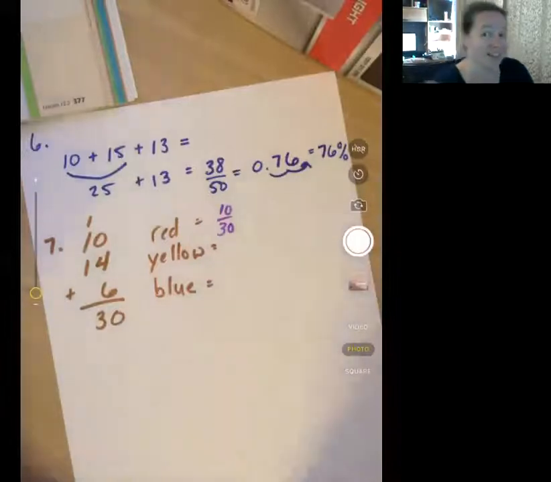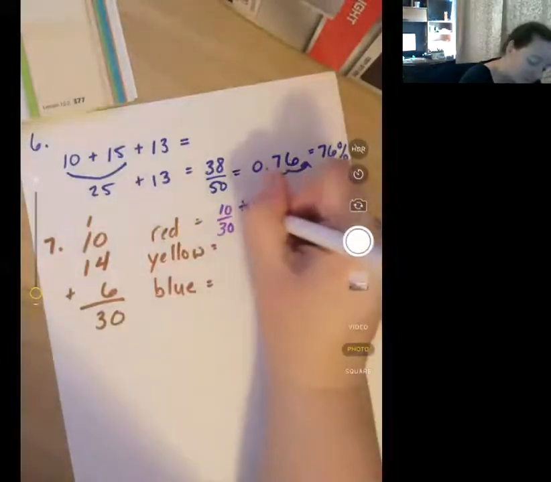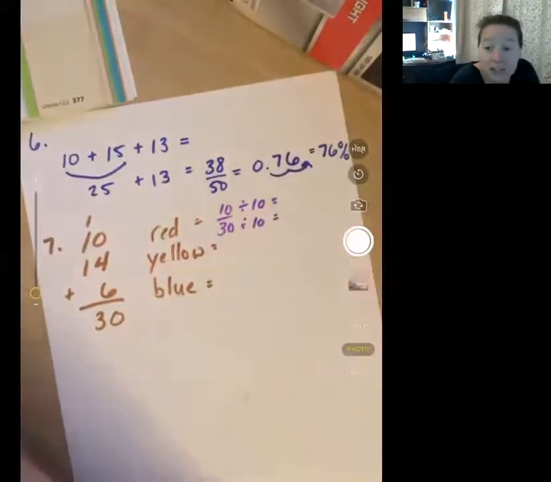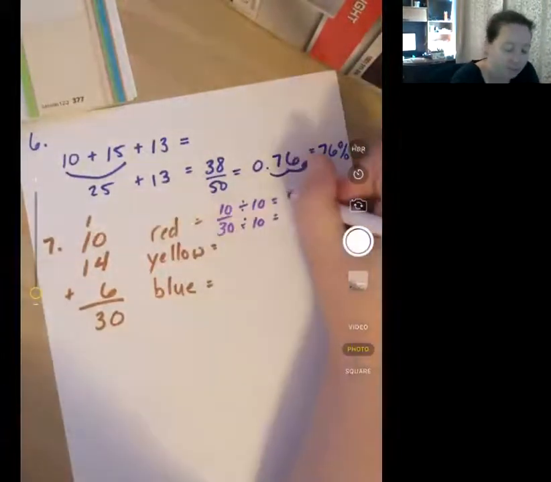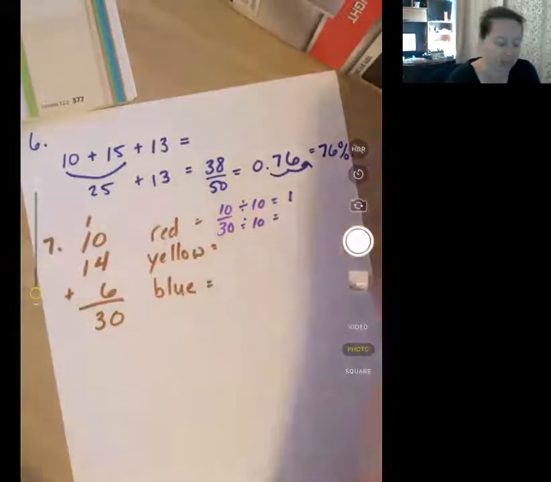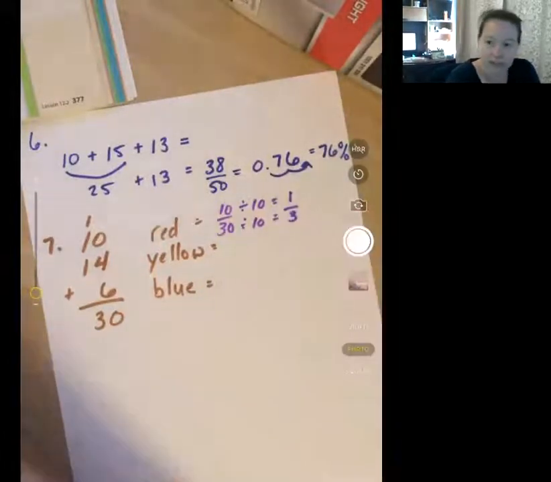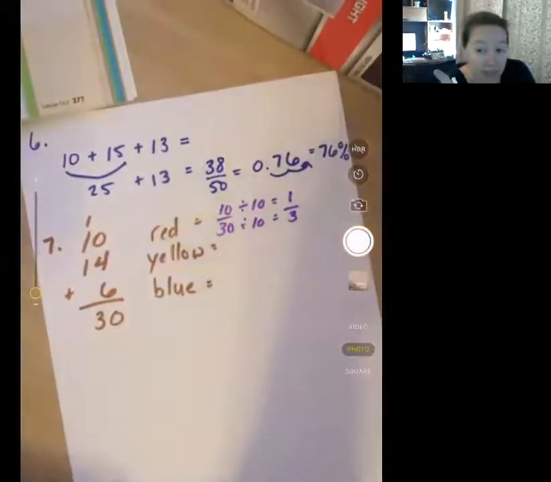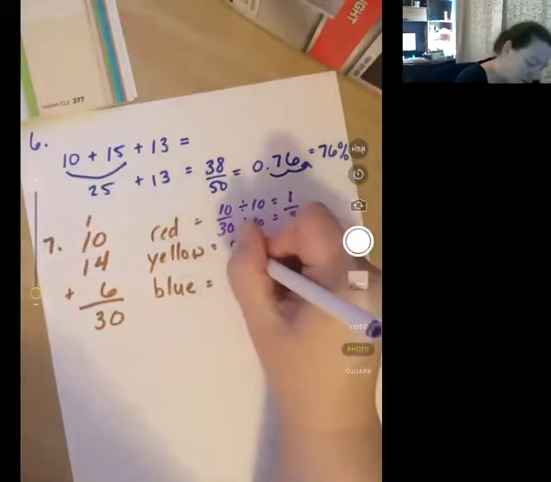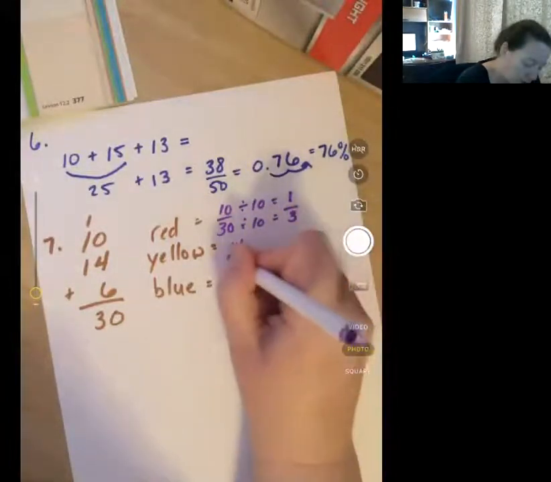So I'm just going to take out a 10. So I have 10 divided by 10, which is 1, and 30 divided by 10, which is 3. Whenever you have a 0 at the end of each of them, you can just knock off the zeros. You don't need them. Yellow is 14 over 30.